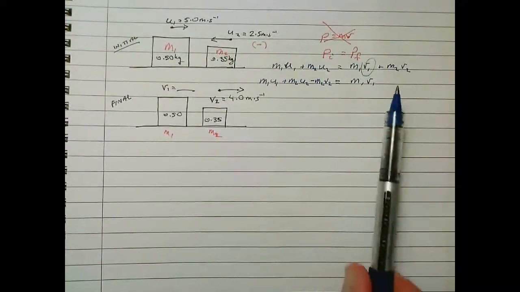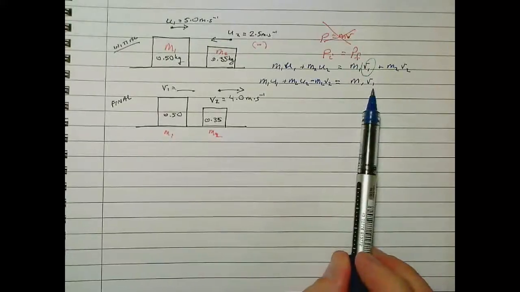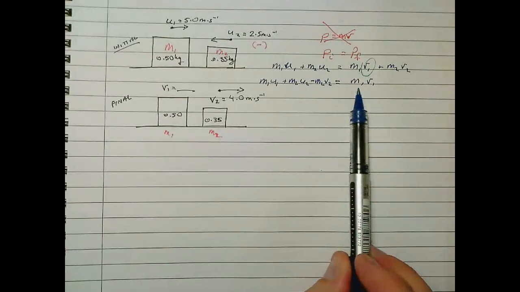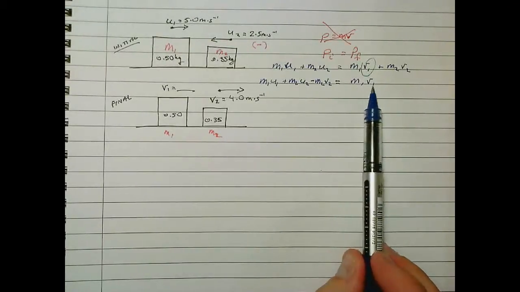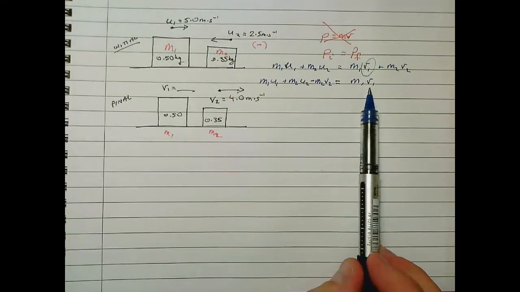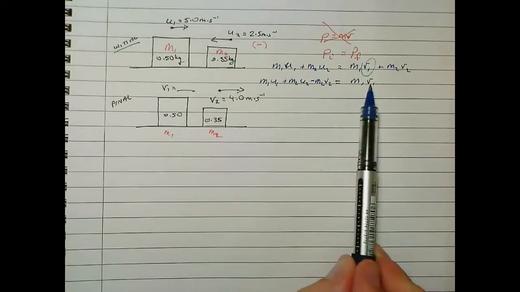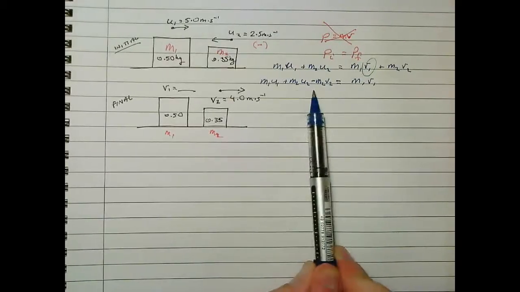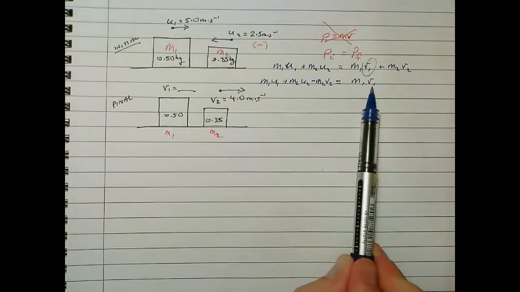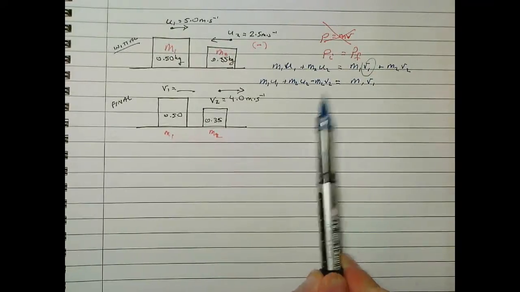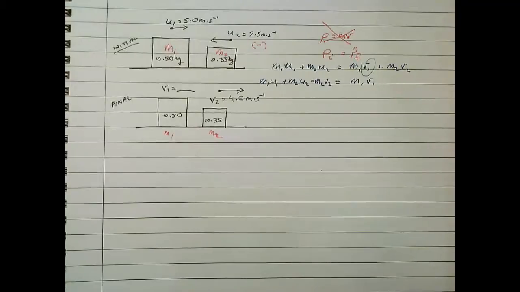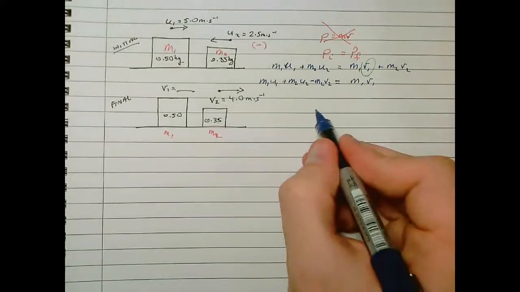Now the next step, I am going to separate the mass from the velocity. It's currently being multiplied, so I will need to divide. I'm trying to find the final velocity of object 1, so I will divide by the mass to cancel it out. I'm going to divide both sides by m1, but in doing so I'm also going to take our final velocity of object 1 over to the left hand side so we can begin trying to solve it.